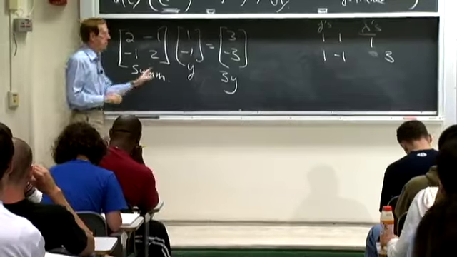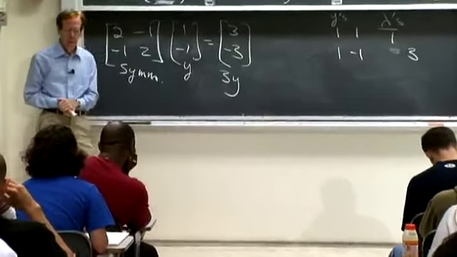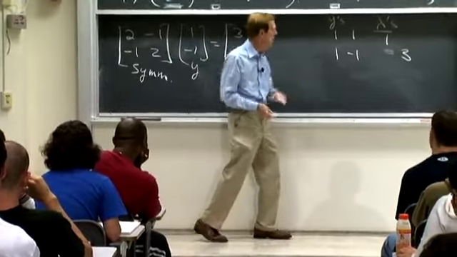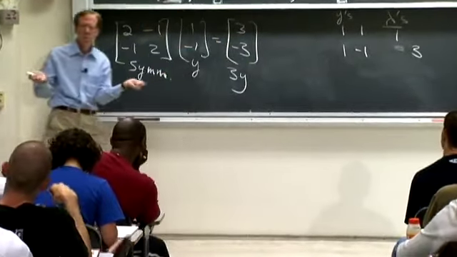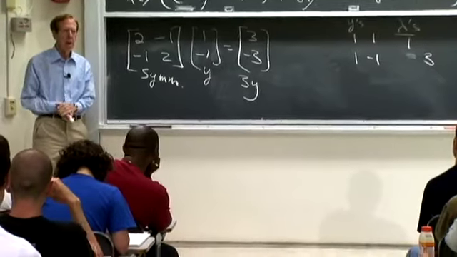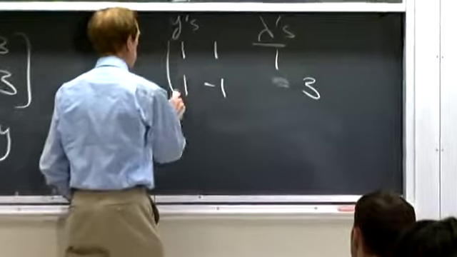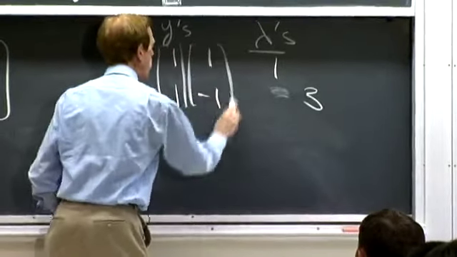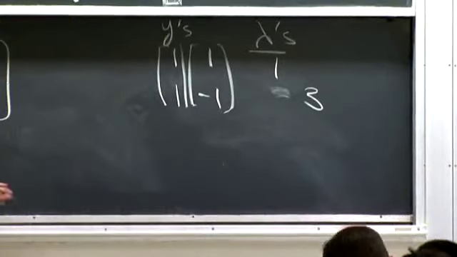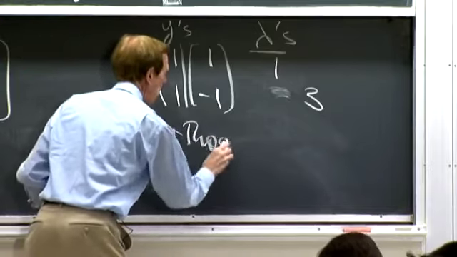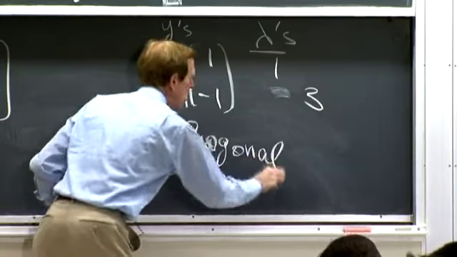And what do I notice about the eigenvectors? If I show you those two vectors, 1, 1 and 1, minus 1, what do you see there? They're orthogonal. 1, 1 is orthogonal to 1, minus 1. Perpendicular is the same as orthogonal.